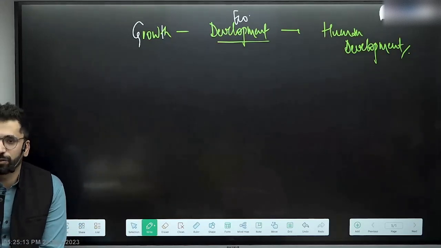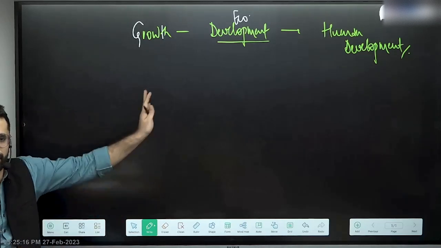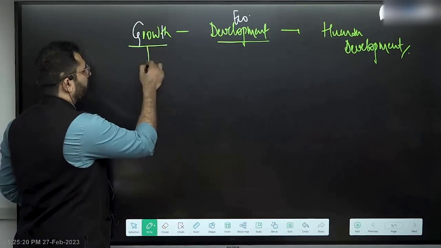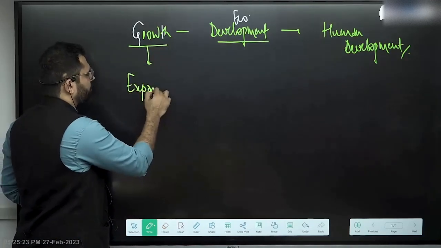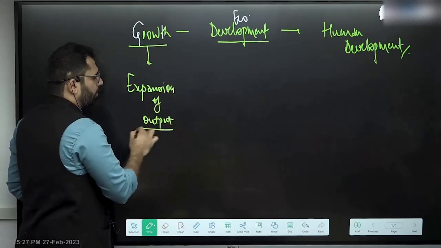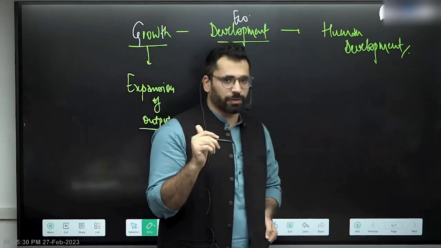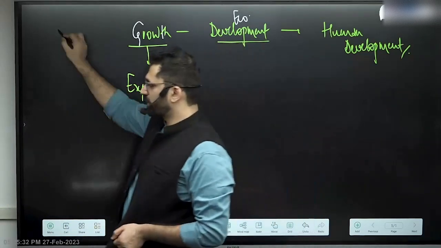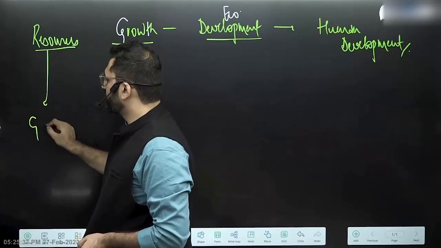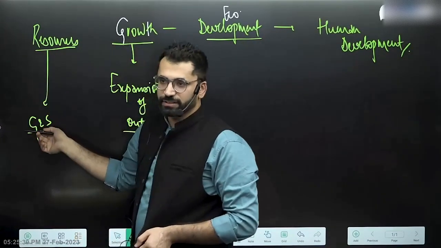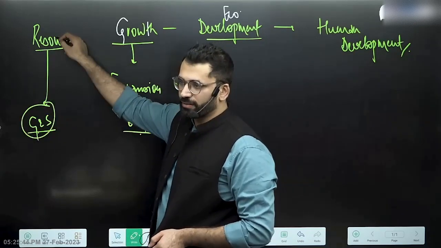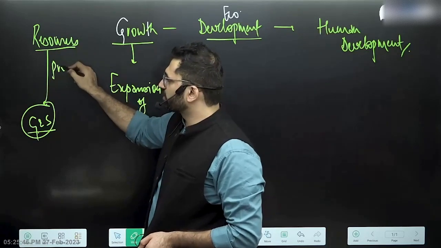So production of goods and services, if growth is happening. What exactly is growth? In economic terms, it is only our expansion of output. Output is what we measure through GDP. The whole idea of economics is that resources are converted into goods and services, because ultimate utility, that is satisfaction, comes from this and not this. This is what your production activity is.